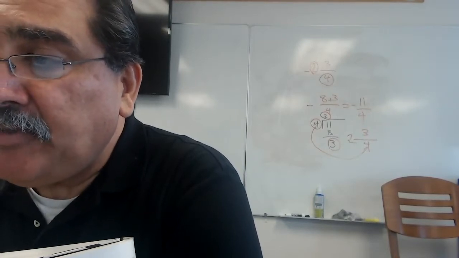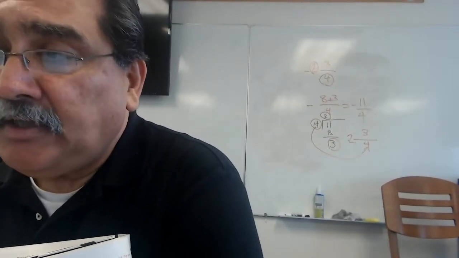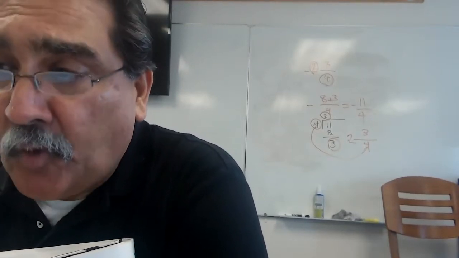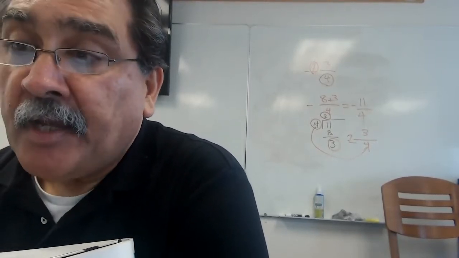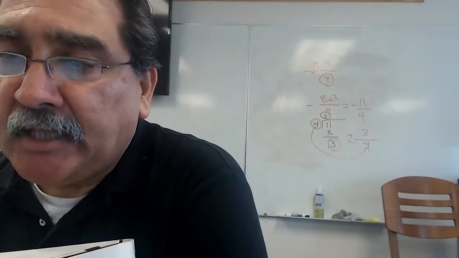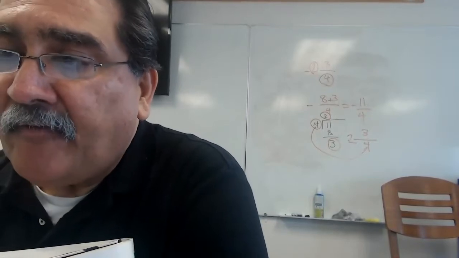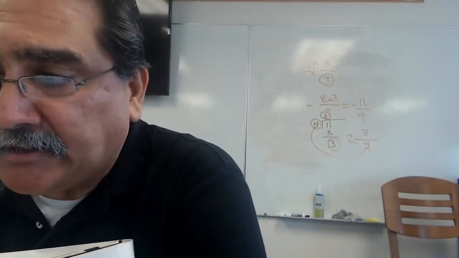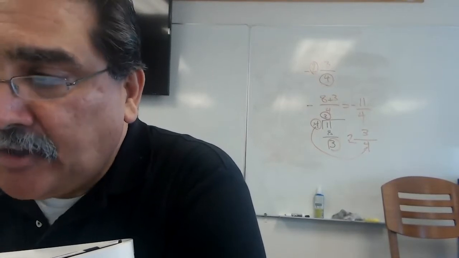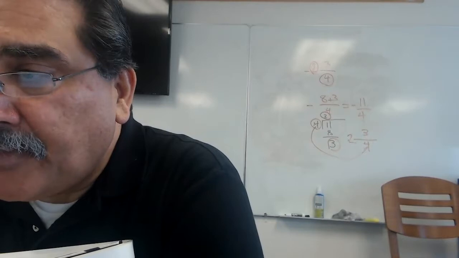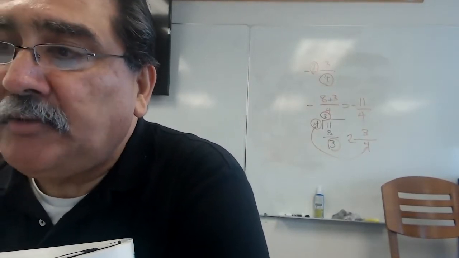The denominator in the fraction of the mixed number will be the same as the denominator in the original fraction. I have it in the PowerPoint. 7/4 is an improper fraction because the numerator is greater than the denominator. We divide 7 by 4. 4 goes into 7 once, so you have a remainder of 3. The remainder becomes the numerator, the denominator remains the same, and the quotient becomes your whole part.